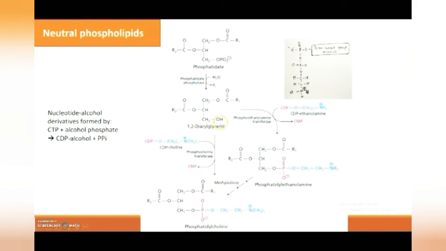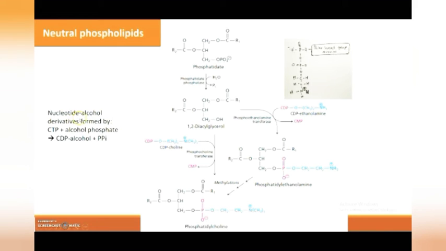But in glycerophospholipid synthesis, the next step is reacting 1,2-diacylglycerol with a nucleotide alcohol derivative, such as CDP choline or CDP ethanolamine.